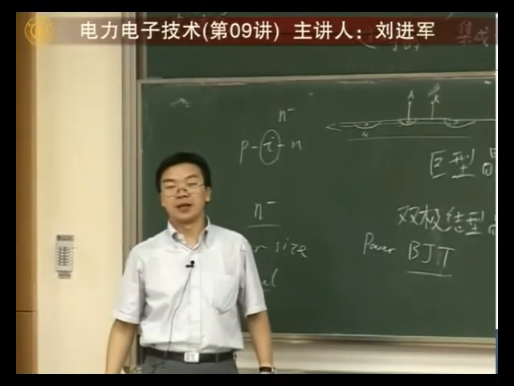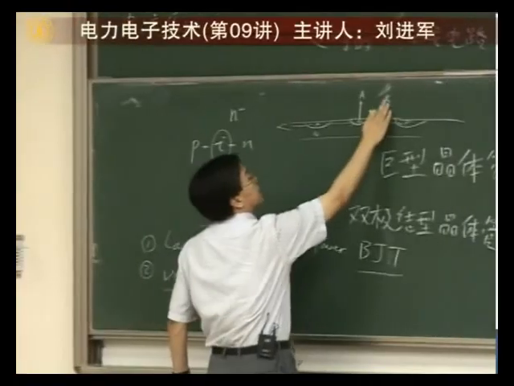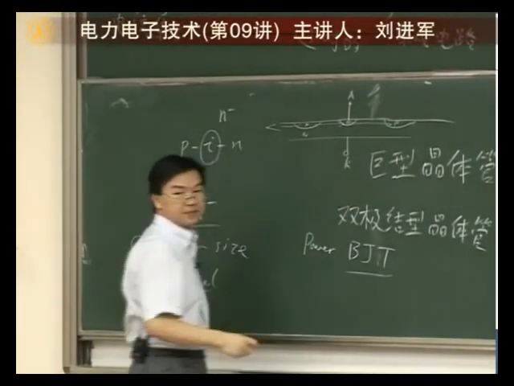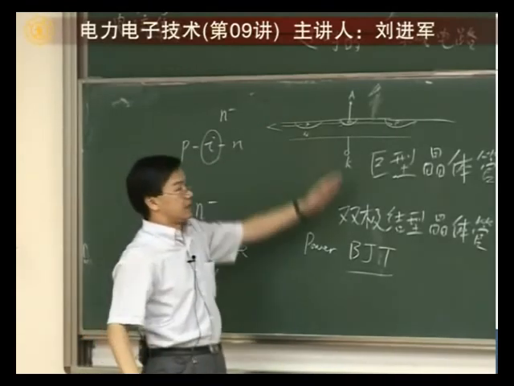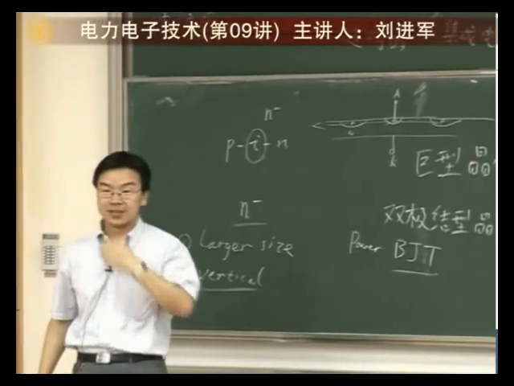That's parallel. But for power diode, this is a vertical structure. They put K in this side. The current is flowing in vertical direction, vertical to the chip surface.